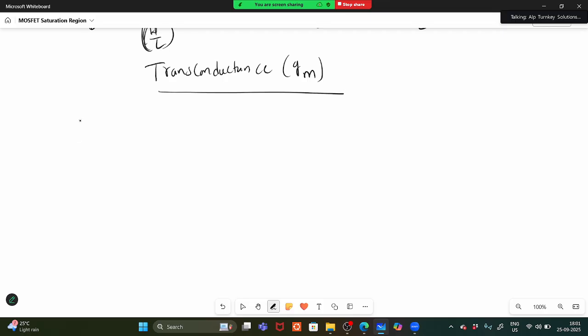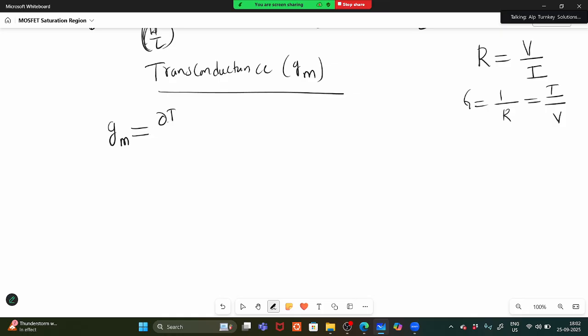Normally resistance equals V by I, and conductance equals 1 by resistance, which means I by V, just the reciprocal. So transconductance is nothing but dou Id by dou Vgs, the input voltage.